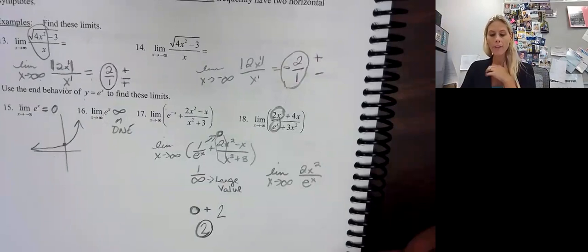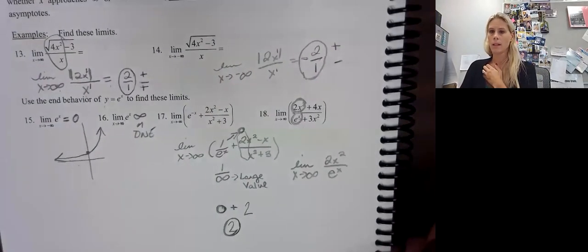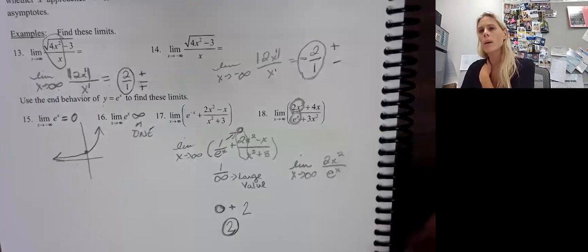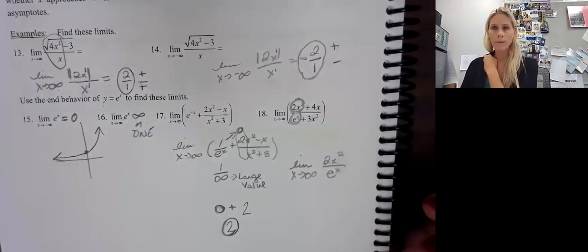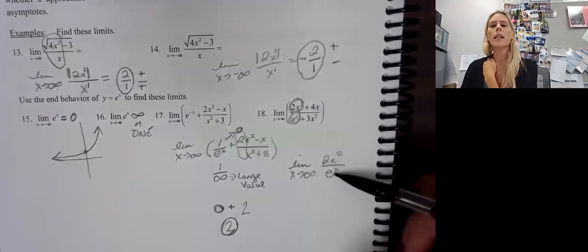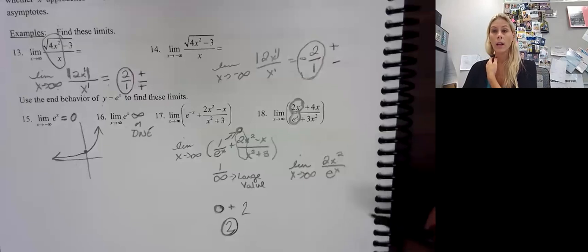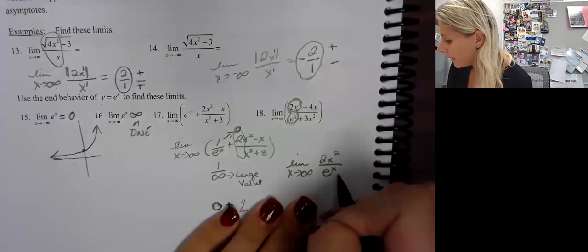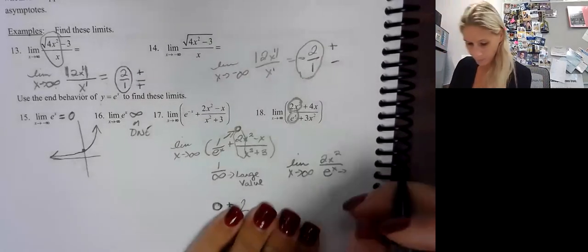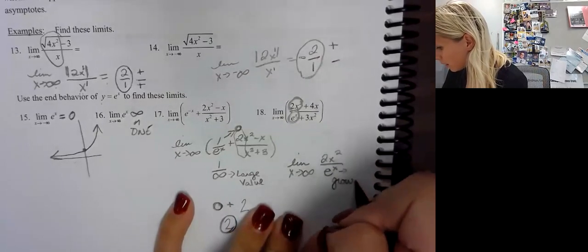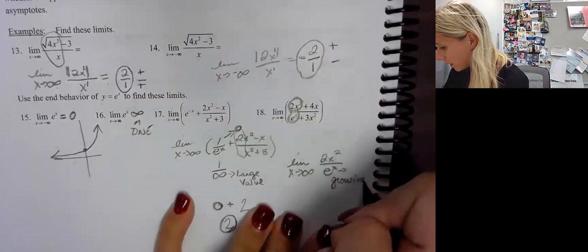Now, if I plug in infinity here, infinity squared times 2, it's a large number. If I plug in e to the infinity, I would get infinity, a large number. Now, here's what I want to point out. This denominator right here is growing faster.